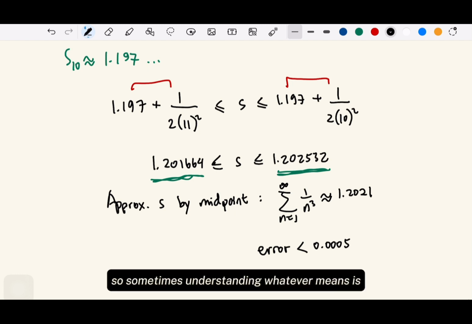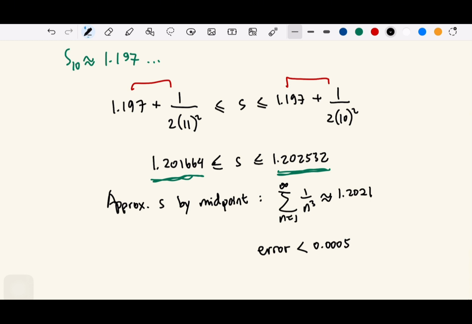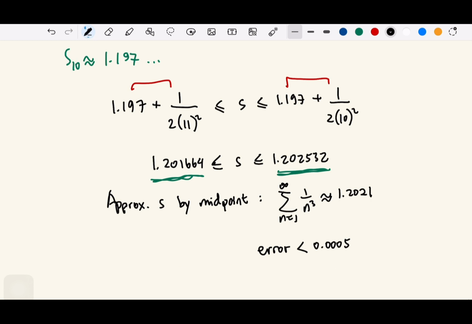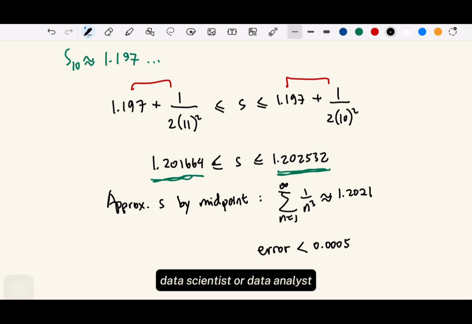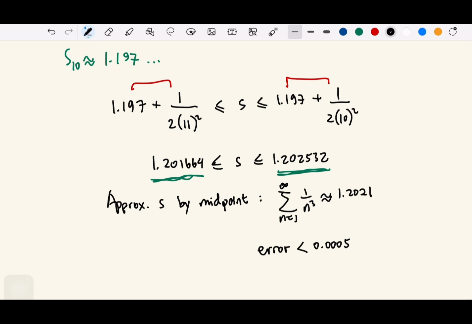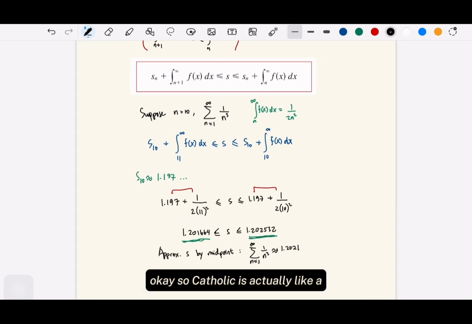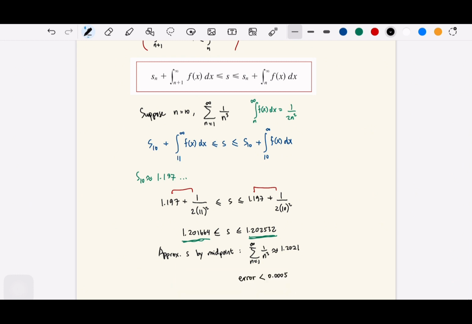So understanding what error means is important, especially if you want to be a data scientist or data analyst. You need to understand a little bit of statistics.